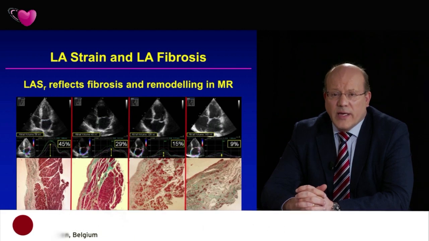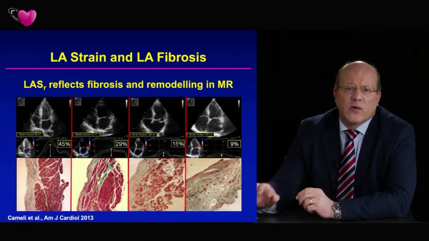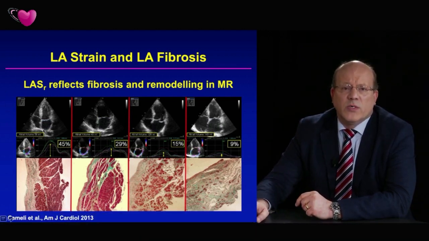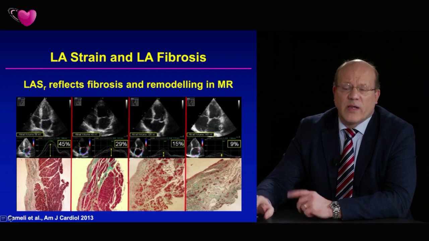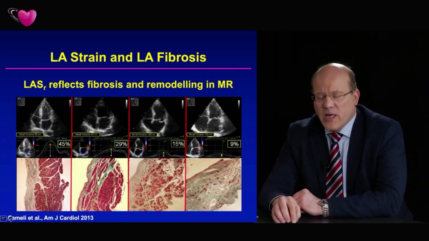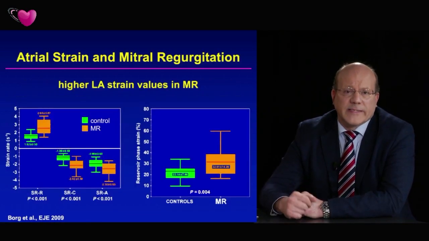What is striking, however, you should also carefully look at these images here, because what you also see is that the more severe these patients get their mitral regurgitation, the more severe they also remodel. So you see that the atria become bigger and bigger with the decreasing strain value. This is something you should keep in mind for the following minutes.